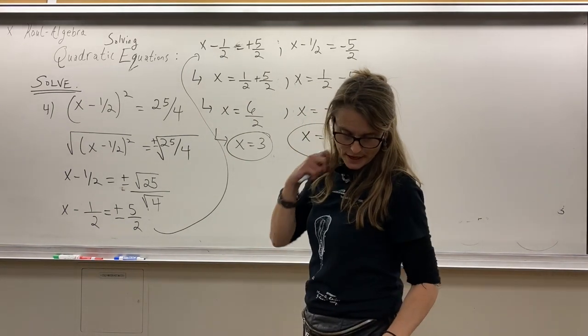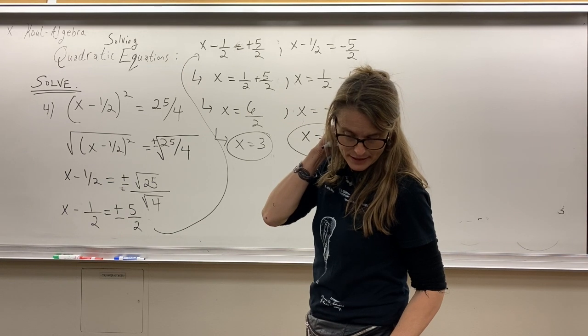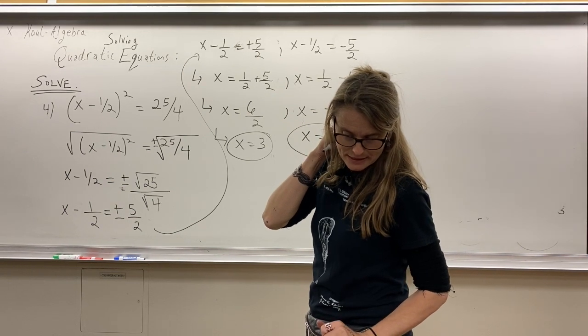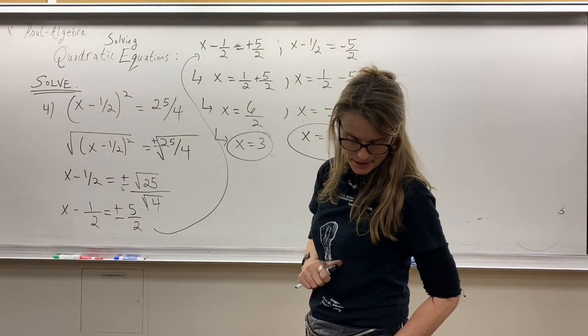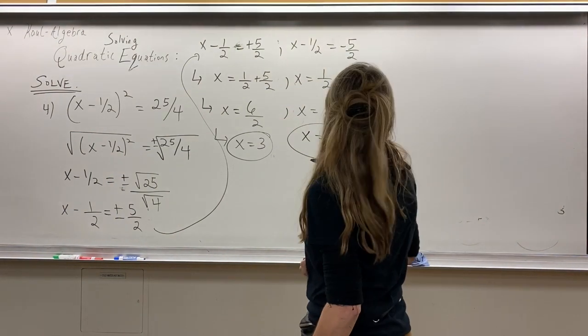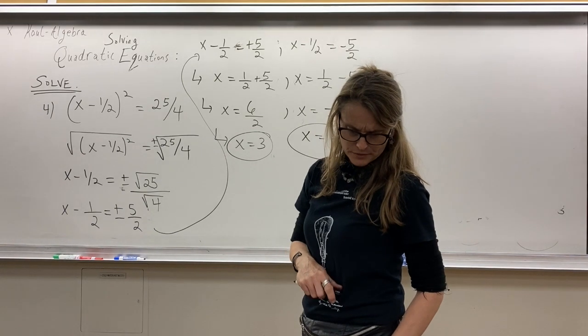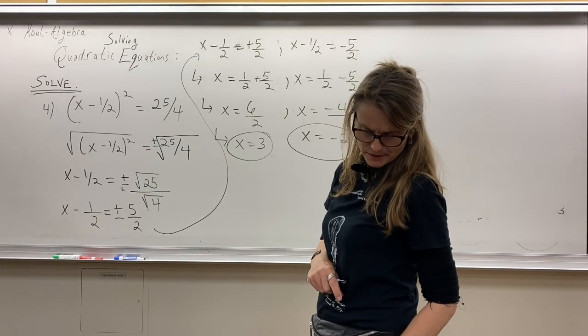So of course, things could get rather complicated and not always nice. So let's go ahead and look at another one. Let's see. I'm trying to think of something that might be a little trickier.